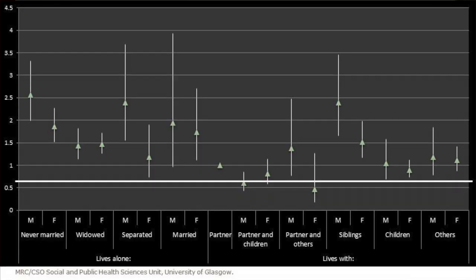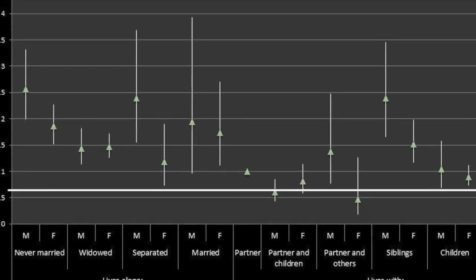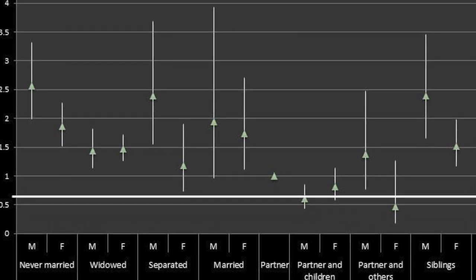Similarly, looking at people who are separated or married, it's not a huge difference here. Again, these are much smaller groups, so there tends to be a slightly increased risk for those who are living alone by comparison to those in the two-person households.